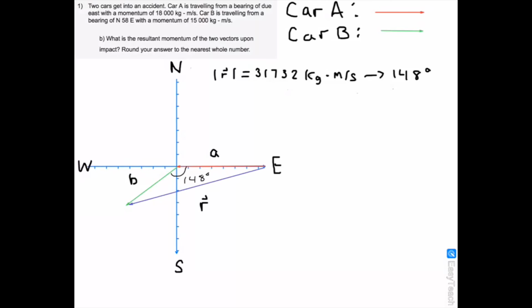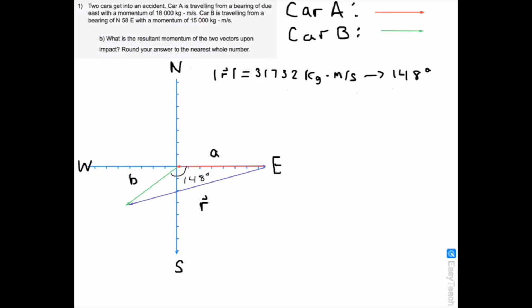So although we got the magnitude of our resultant vector, the special thing about vectors is they have both direction and magnitude. So using that magnitude, we're going to have to go on and find the direction of this vector.